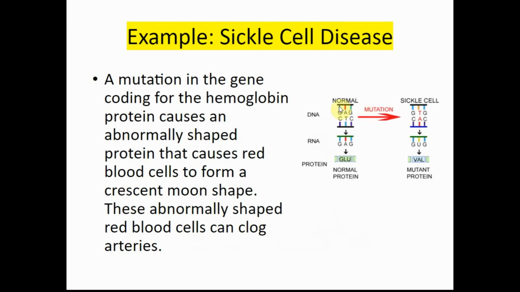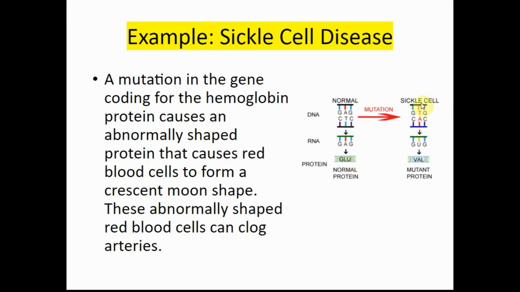Now, if you look at the normal DNA here, normally we have a GAG on this DNA strand that goes with a CTC on this DNA strand, and we're using the bottom DNA strand as the template for creating our mRNA. So complementary to that bottom strand would be GAG. And then if you look at a codon chart, that codes for the amino acid GLU.